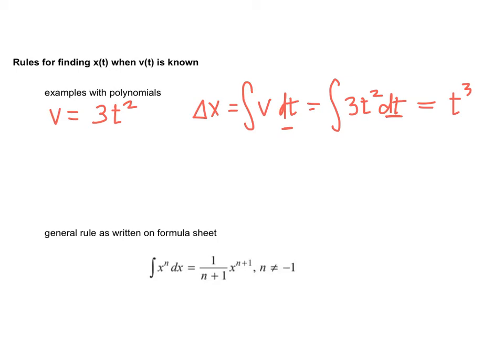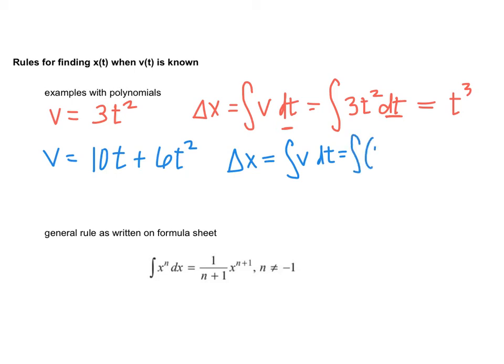Let me take a look at another example. If my velocity were 10t plus 6t squared, then to find delta x, my displacement, I would integrate my velocity with respect to time, meaning I would integrate 10t plus 6t squared with t as my variable.